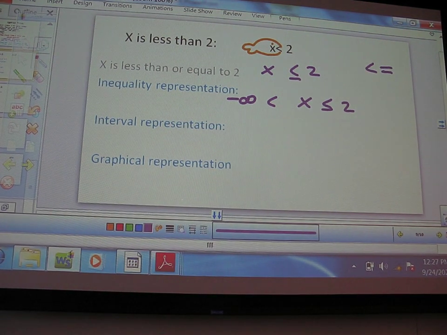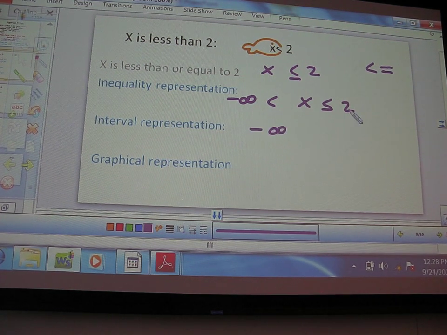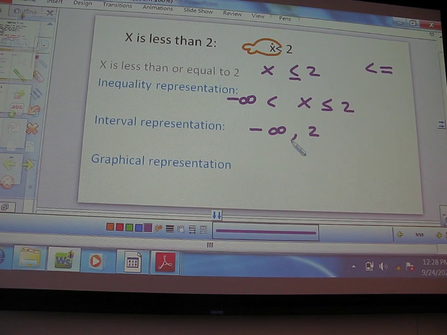So interval representation is pretty straightforward. You take what's on this side, negative infinity, take what's on that side, 2, put a comma between them, and then you put parentheses or square brackets around them.